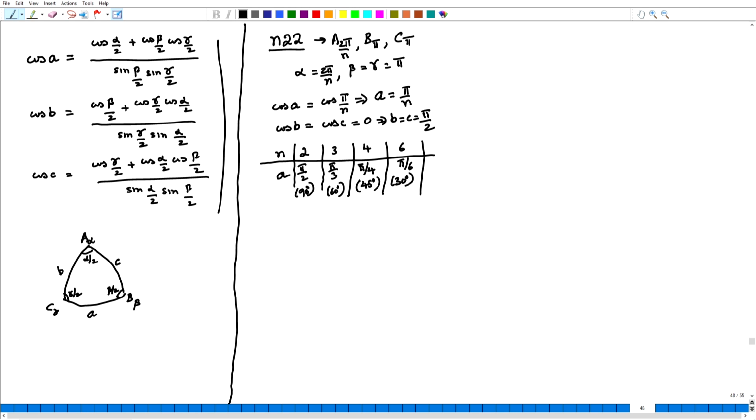So, essentially what this is telling us is this angle A is the angle between B beta and C gamma. In our case, beta and gamma are 180 degrees, pi, which means basically angle A is the angle between the two-fold rotation axes, while angles B and C are essentially that all the two-fold rotation axes will make an angle of 90 degrees with the 2 pi by n axis.